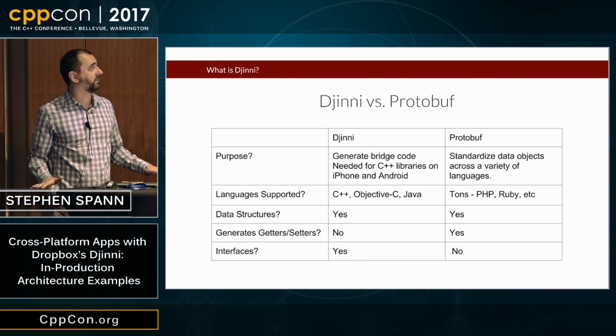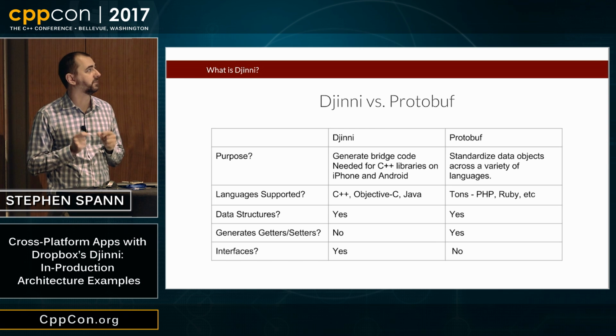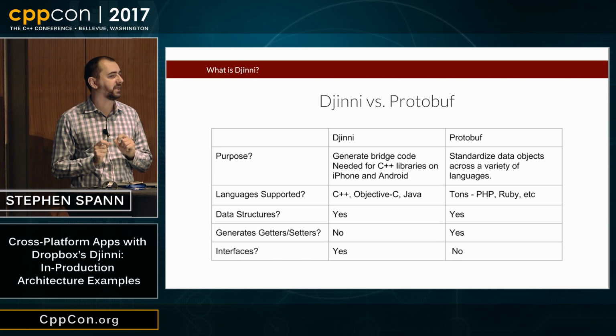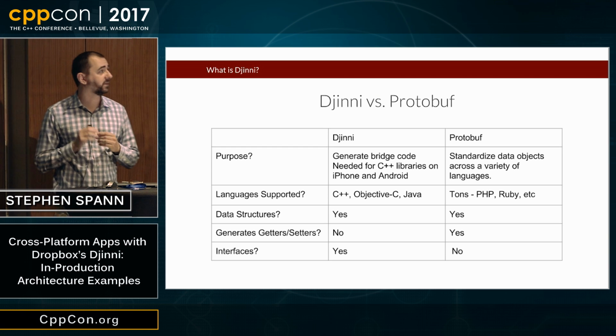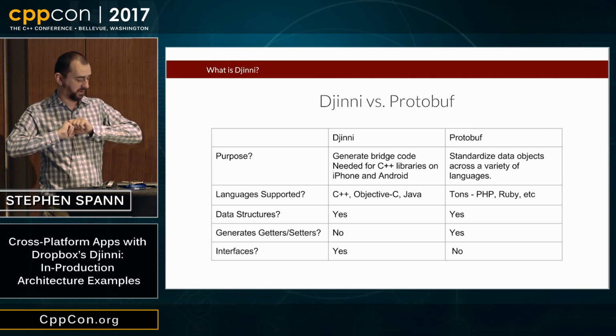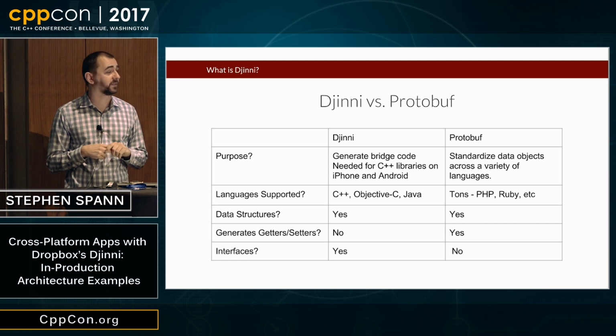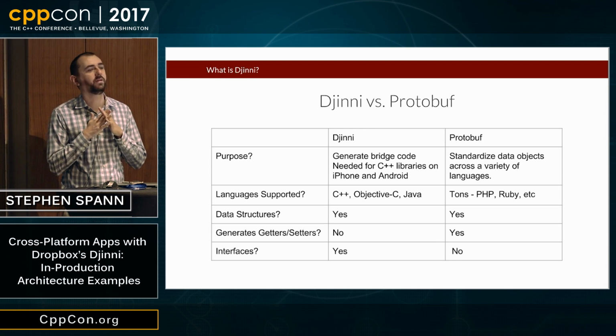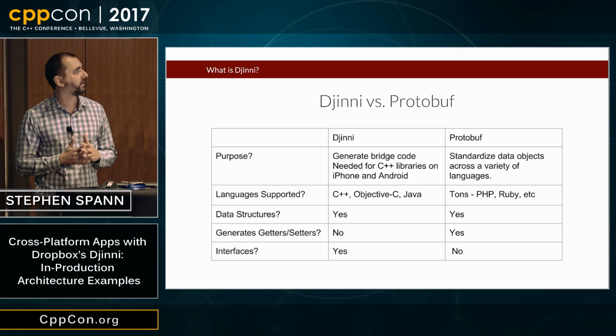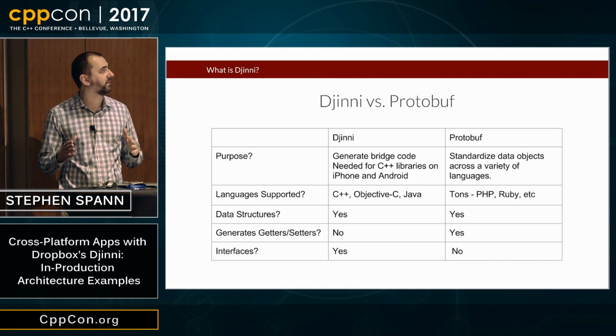Quick little clarification. There's another tool that deals with IDL files and generating code for all these languages called protobuf, so I wanted to compare these two things real quick. They have different purposes overall. Djinni's really focused on iPhone and Android development, just the languages involved there.